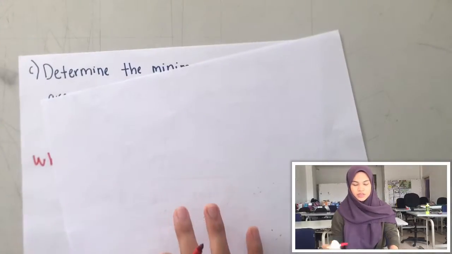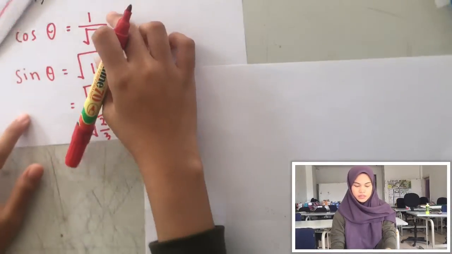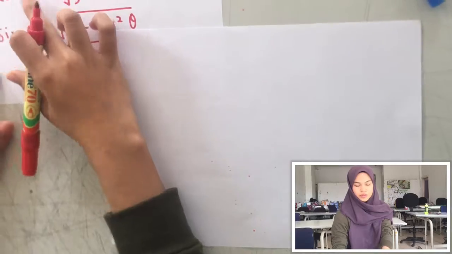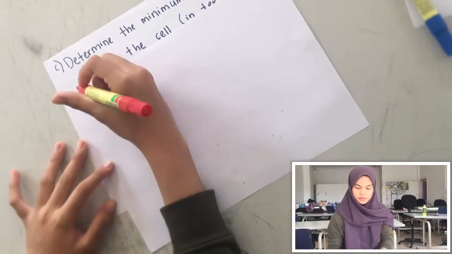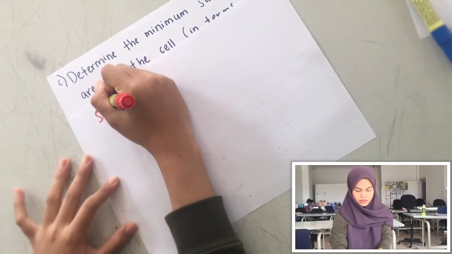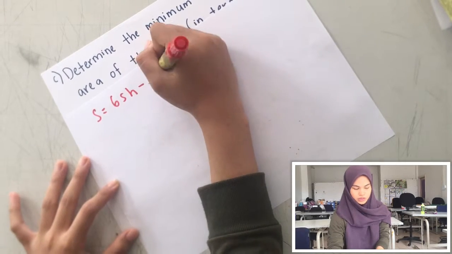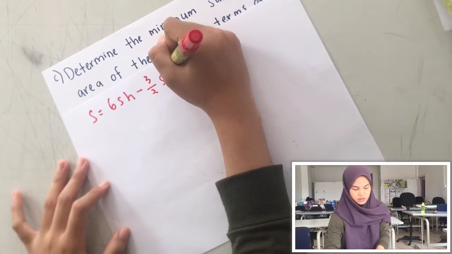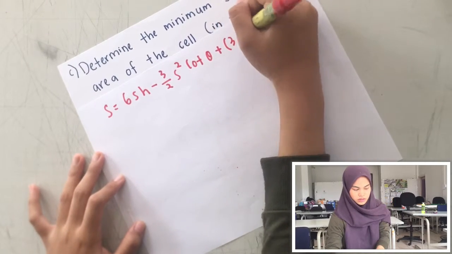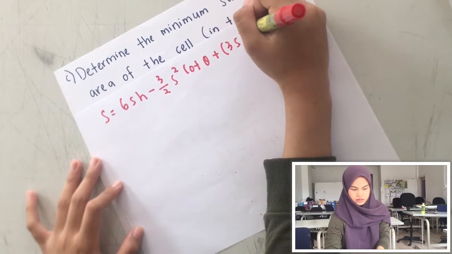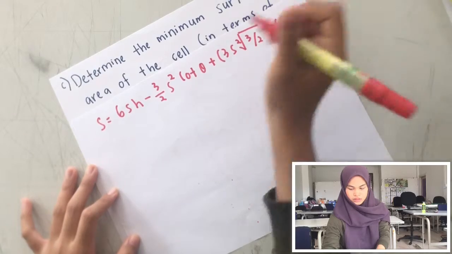So next, we use the equation of the surface area, and we substitute the values of both cos theta and sin theta into this equation. S is equal to 6sh minus 3 over 2 s squared cot theta plus 3s squared square root 3 over 2 cosecant theta.